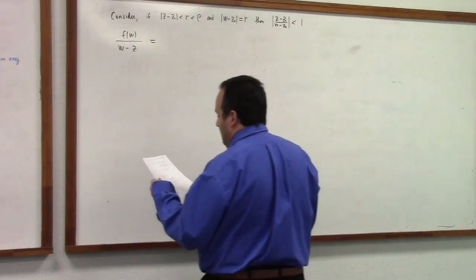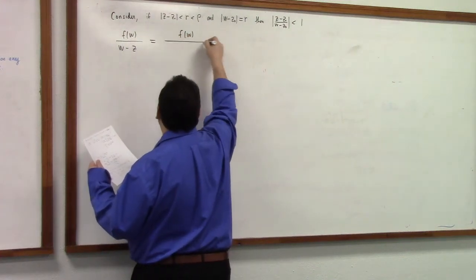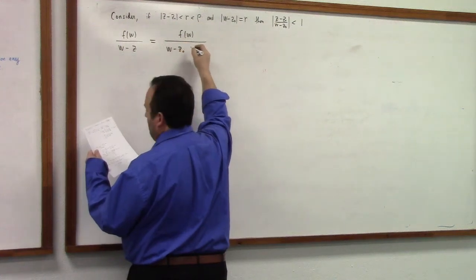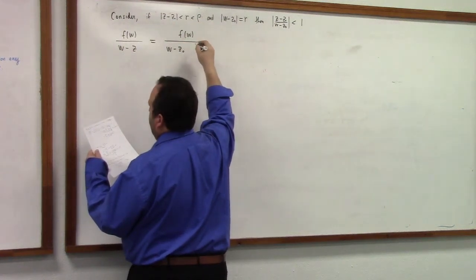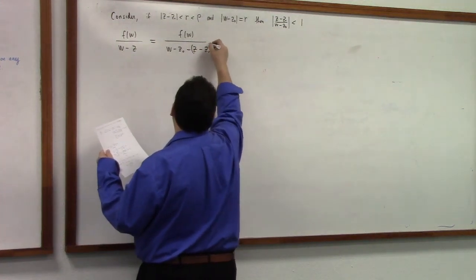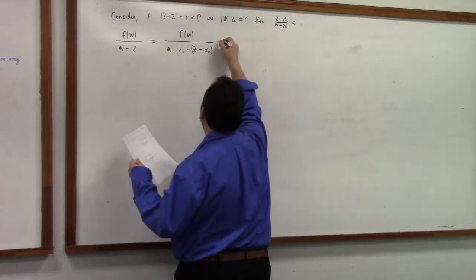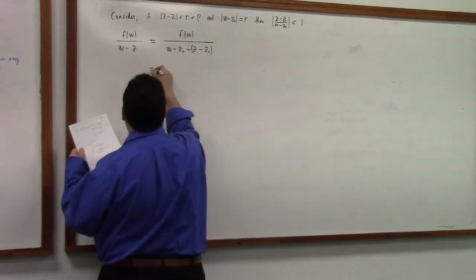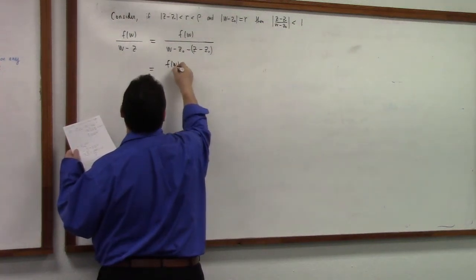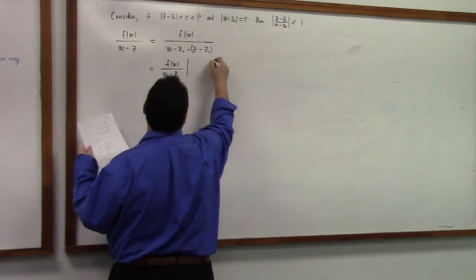So this is going to be a lot like the calculation we did last class, because really I'm just adding 0 strategically, and then I'm going to factor out that w minus z naught to make a 1 appear.